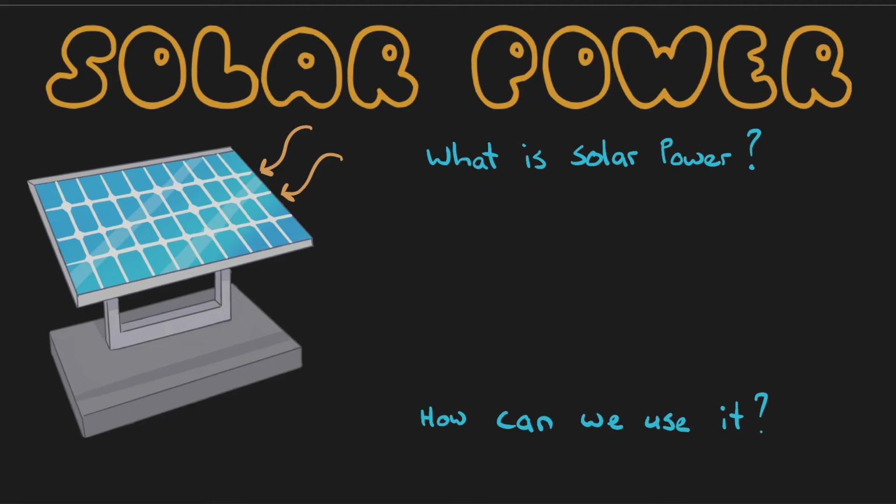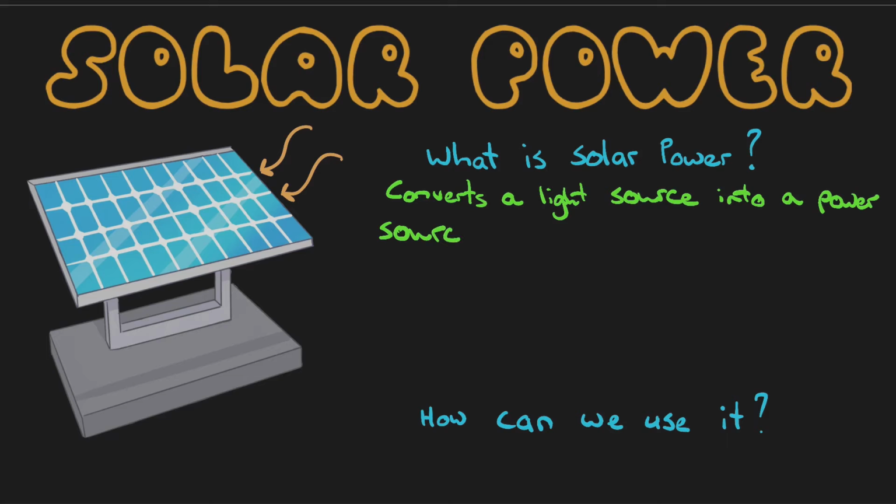So what is solar power? It converts a light source into a power source. That's the simplest explanation I can give. And what is a power source?